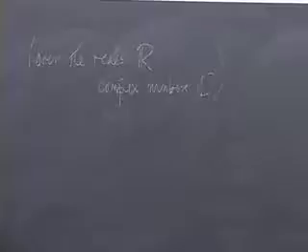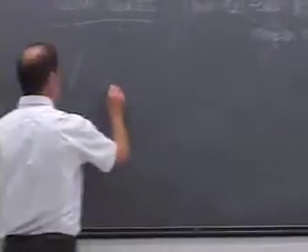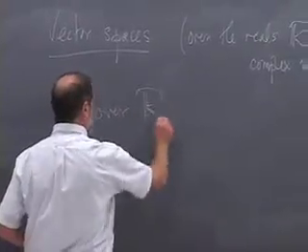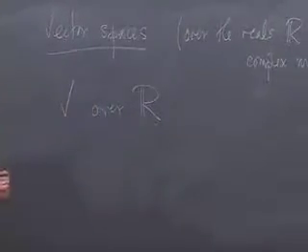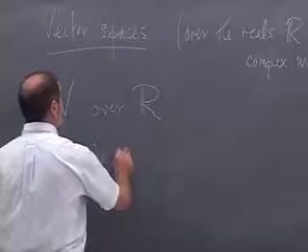A vector space, V, I'll always denote V for a vector space, over R, consists of, first, an abelian group.